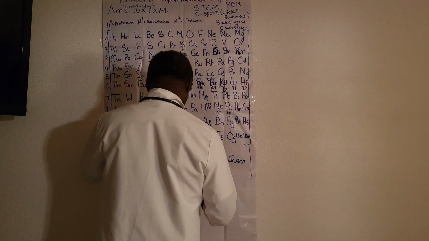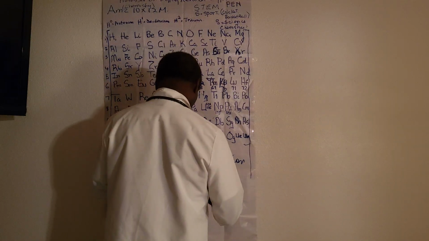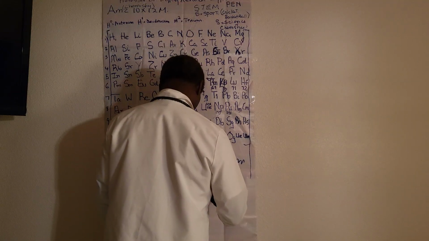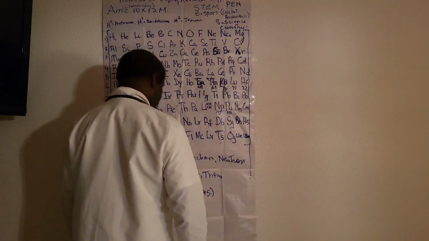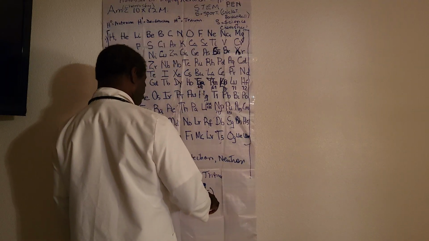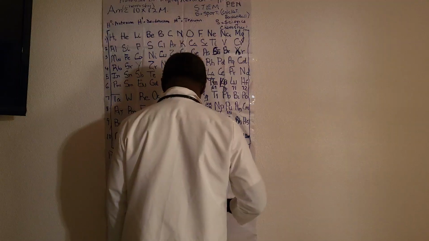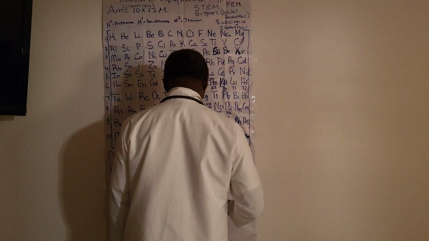Beryllium, which will be the 4th. The PEN configuration here would be 4, 4, 5. So 5 neutrons for the most abundant and stable, but then you could have Be-4 and Be-6. Some of them are radioactive, I believe, just like lithium here. But this is for the basic PEN configuration for the most abundant and stable, 4, 4, 5.